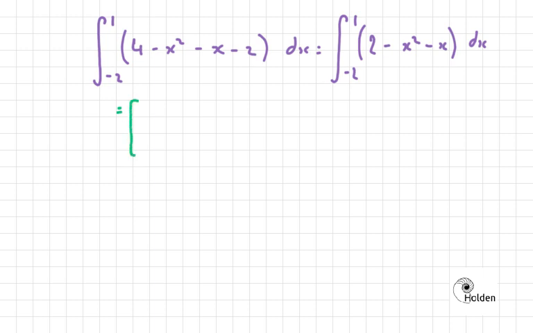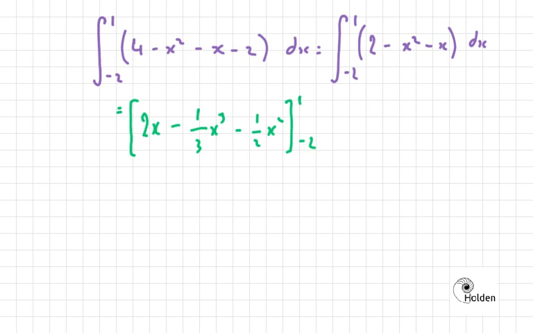That 2 integrated must have come from 2x. Quick check: times by the power, bring the power down one, yep. Then we're going to have minus 1/3 of x cubed, and then x must have come from half x squared, and we've got the bounds of minus 2 and 1.